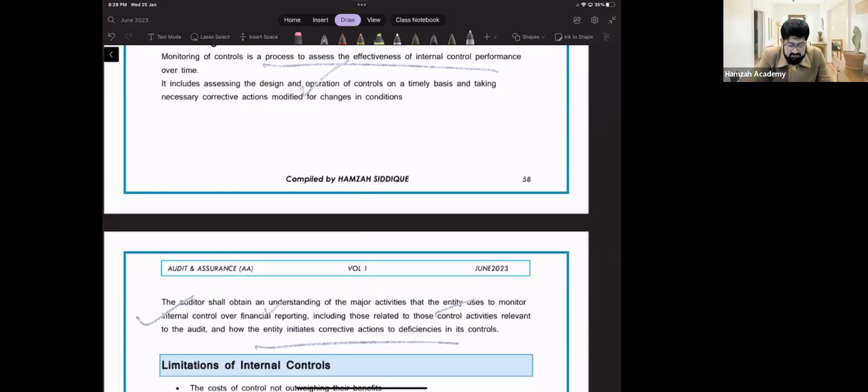Now, so friends, we have covered understanding of control. Now, the next point is limitations of controls.